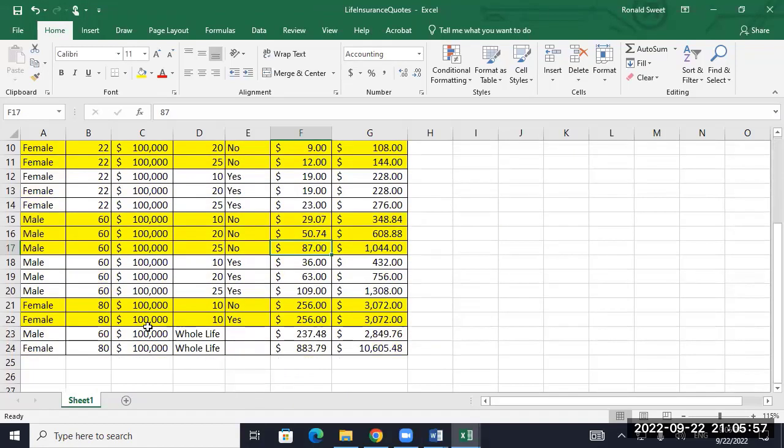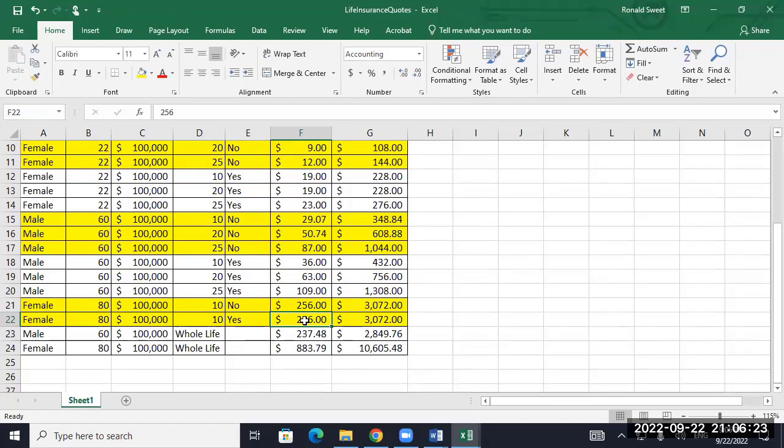And then I did a 60-year-old smoker. What I thought was interesting is that for 60-year-olds that smoke, it didn't make that much difference. I guess they figured if you're a smoker and you made it to 60, then somehow you're immune. And then I did an 80-year-old woman, and they didn't let me do a 20-year term.